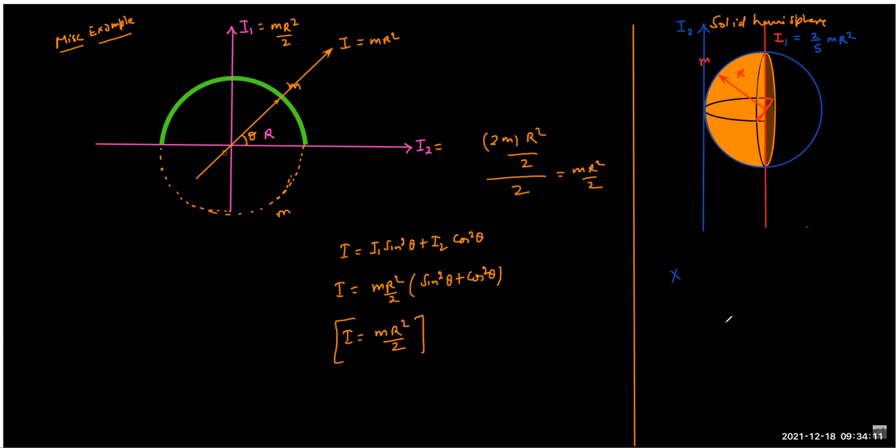Yes, sir. So first of all, you will draw the axis which passes through the center of mass and is parallel to the given axis, and you apply the parallel axis theorem between these two, one for this and then for this, and eliminating that will give you I2. So can you do that?